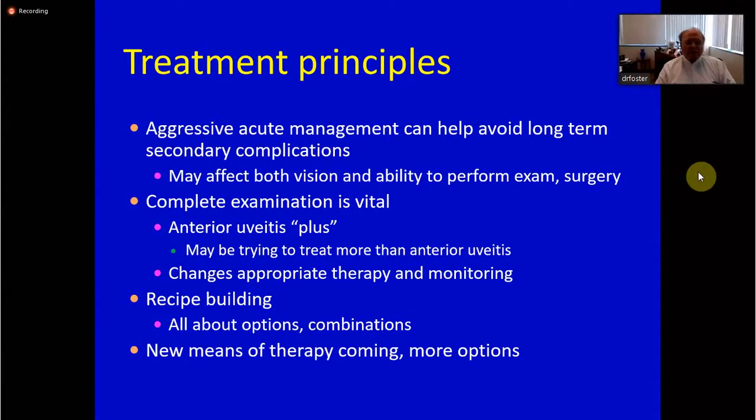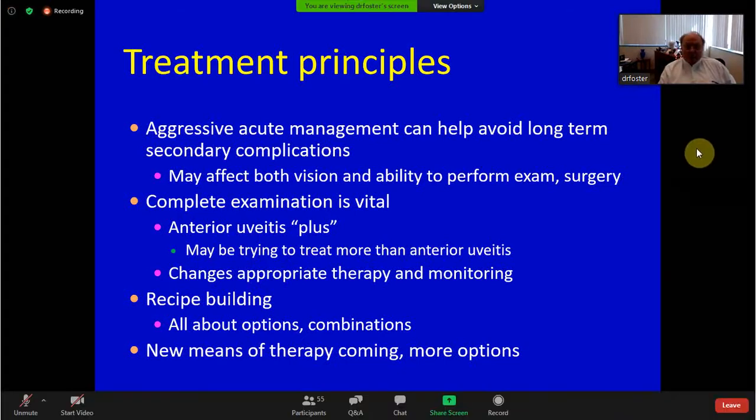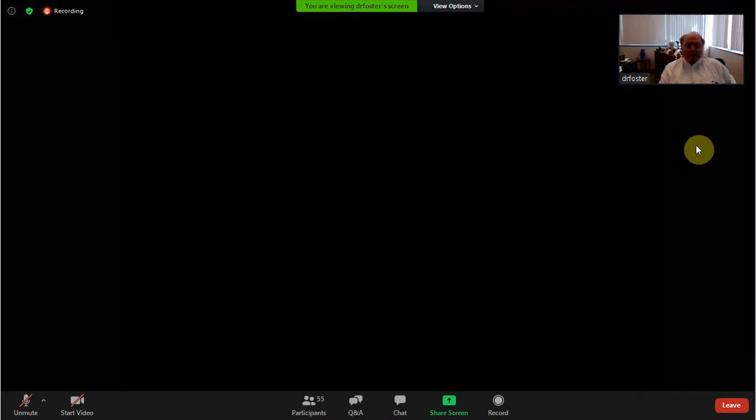But I would implore you to not trivialize a patient that comes in with anterior uveitis. They may have anterior uveitis plus some posterior segment problems too, and you may have to get extremely aggressive with recipe building and even surgical care in their long-term management.